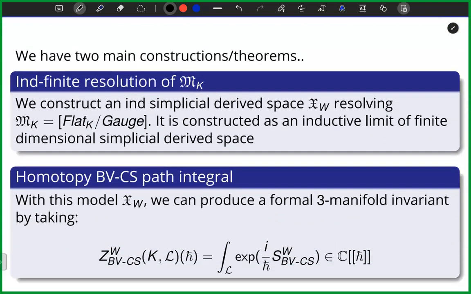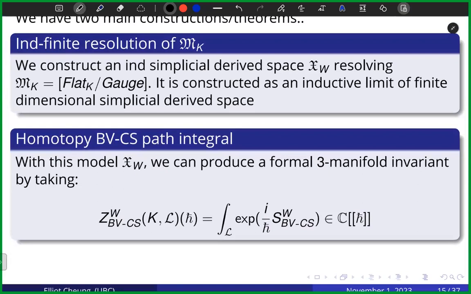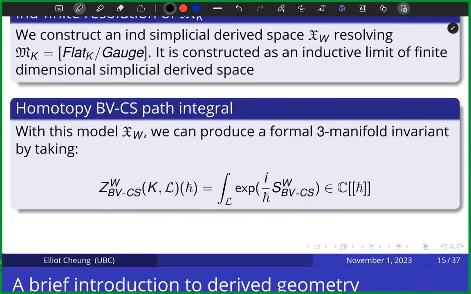And then we can actualize the promises of BV formalism and produce this formal three-manifold invariant using this resolution we've built. So that's the context of the rest of the talk.